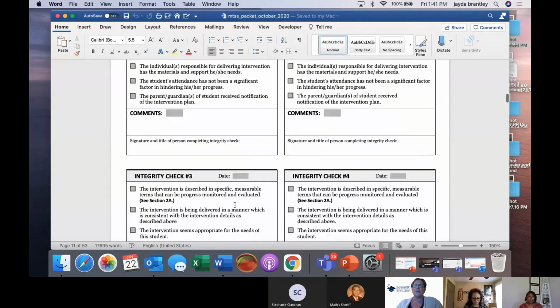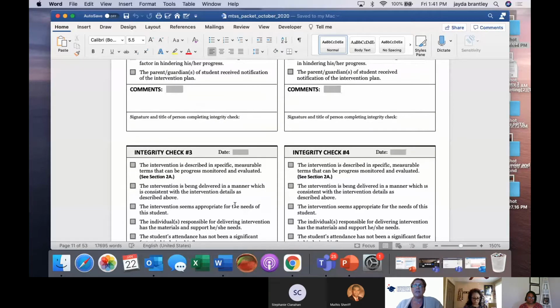So one thing that Laurie always says is that if a student is absent and the integrity check is completed, but there's another student in the classroom who is on intervention, then this could really be completed for both students at the same time.